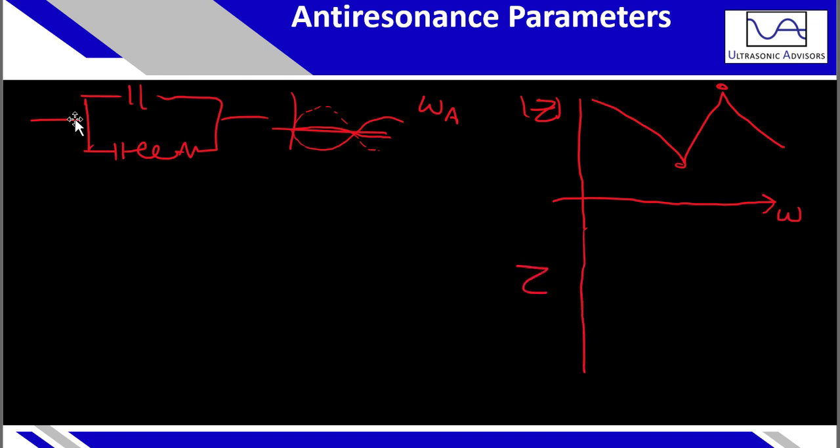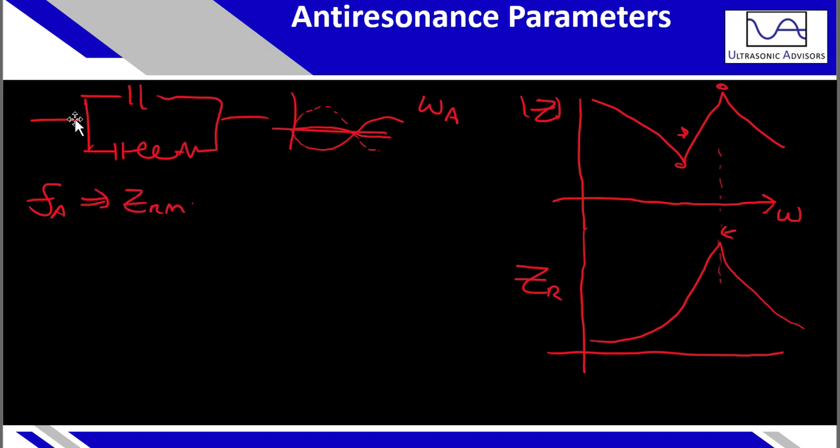If you then plot your real impedance, it has a maximum at anti-resonance, and it's going to be slightly lower. Just like the resonant frequency was slightly higher than the resonant frequency, the anti-resonance is going to be slightly lower than its anti-resonance frequency. So that's how to find the anti-resonance. You get that from ZR max.